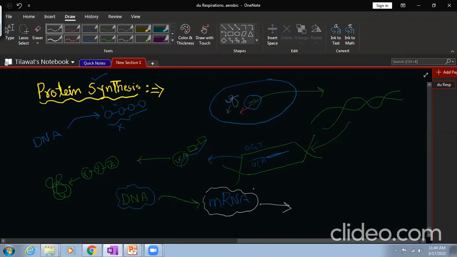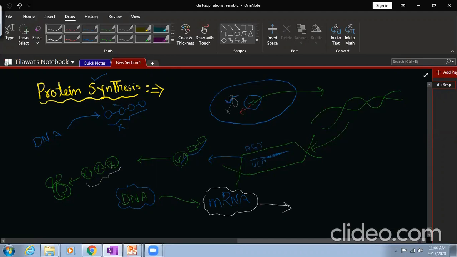Am I clear? So the ribosome reads that sequence, and on the basis of that sequence, different amino acids come together and form what?